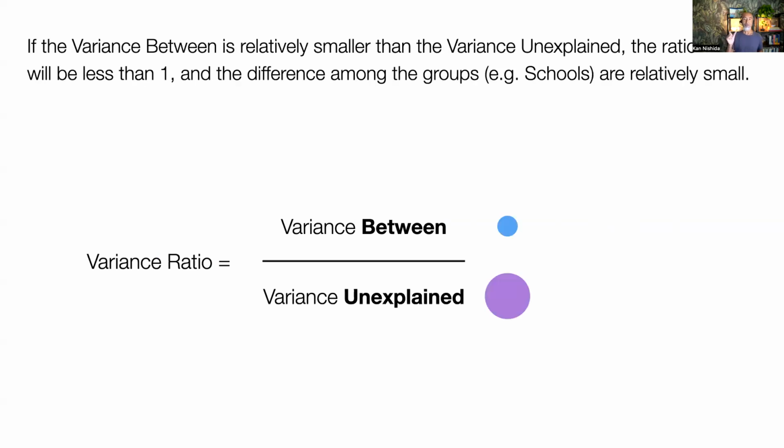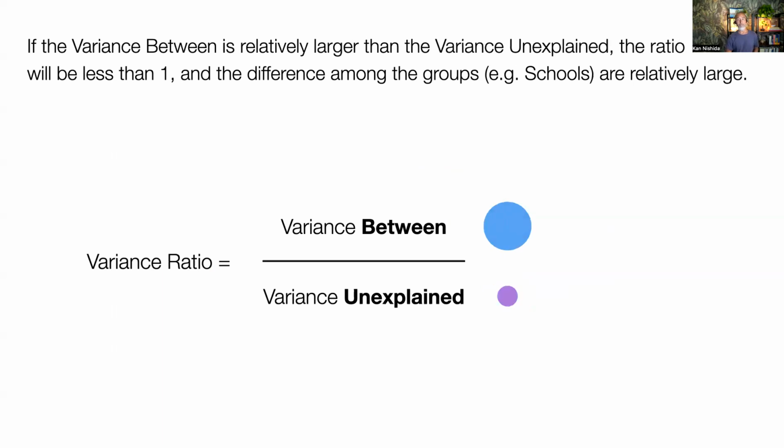So if the variance between, let's say variance between schools or even sex, either way, is relatively smaller than the variance unexplained, then the ratio becomes smaller, right? So that means we can say the difference among the groups, in this case, let's say schools, is relatively small and maybe a marginal difference.